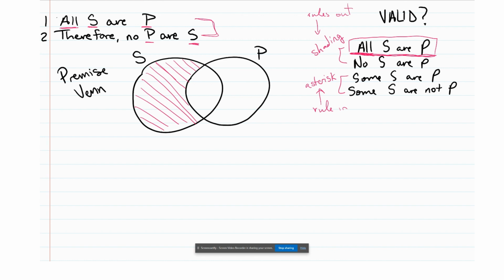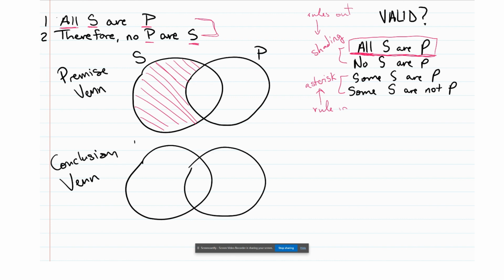Now let's go ahead and take a look at the conclusion Venn. So the conclusion Venn diagram has the same basic structure because it has the same basic categories. So we're going to put S on the left, exactly as we did in the premise, because we want our Venn diagrams to be as identical as possible. We're going to put P on the right, and then we have to ask ourselves about the structure.